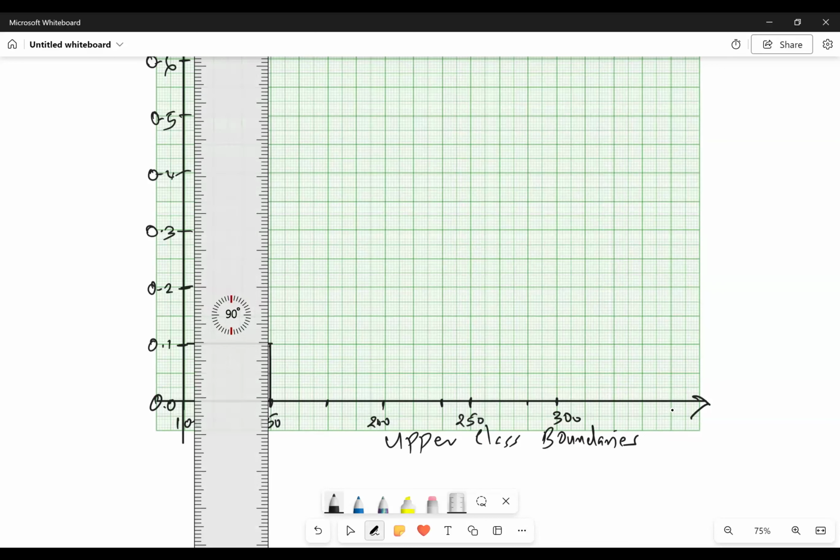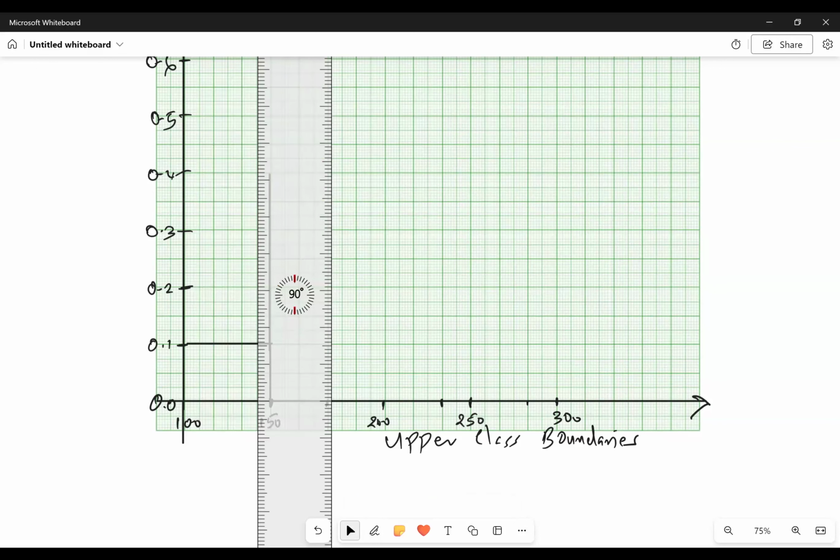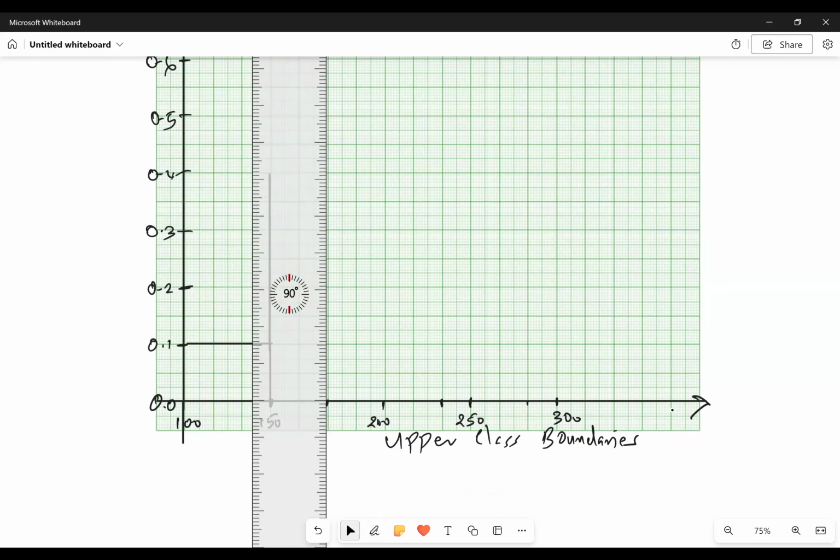Okay. So now that is not the place. So I'm trying to be as accurate as I can. So I draw a straight line there and another straight line right here, like this.